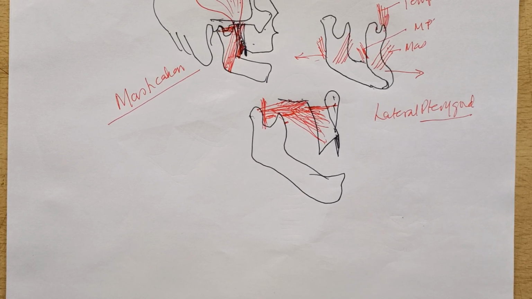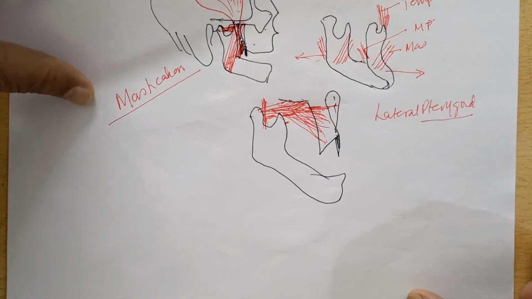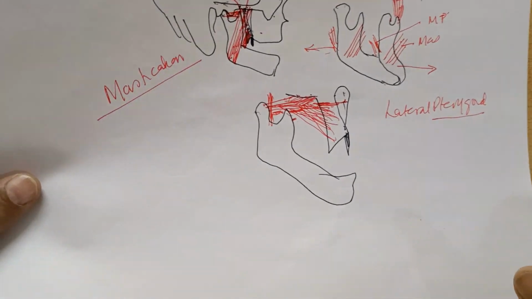So this is the anatomy of oral intake, mastication and deglutition, and then we will go ahead of this in the next video.